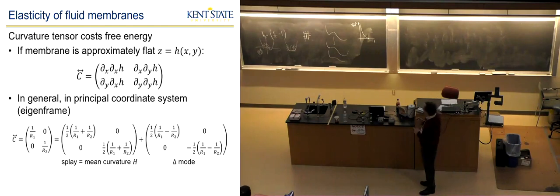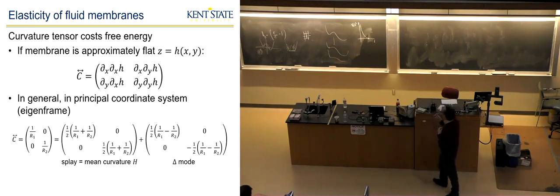What if we want to do the same kind of thing with a fluid membrane? In that situation, the thing that costs free energy is the curvature tensor of the membrane. If the membrane is flat, no problem, 0 free energy cost. But if the membrane is curved, that costs free energy.